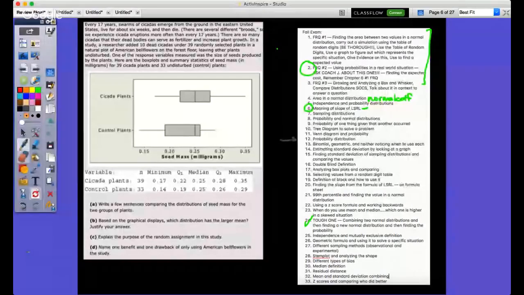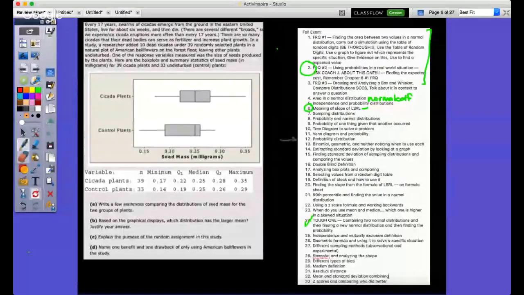Show a ton of work because that's going to be huge. Nice, I'm just making sure. Observational: remember, experimental is showing cause and effect, that's random assignment. Observational is where I'm just simply observing what's going on. I can't have cause and effect. I can say correlation, this correlates with this, but I can't say this causes this in an observational study. All righty, I'm just hitting some high notes.